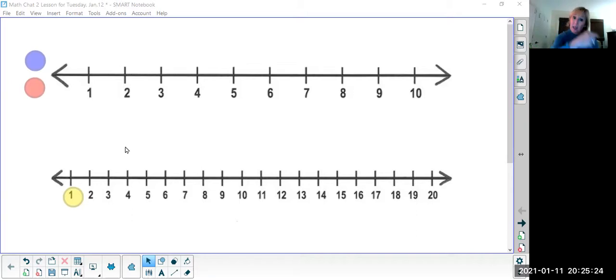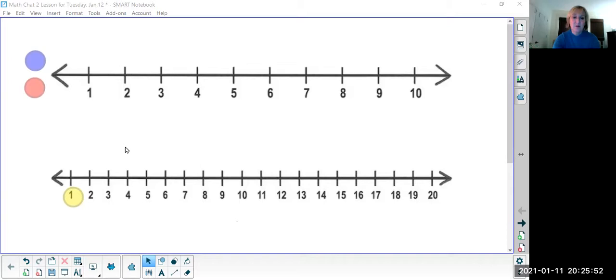But 1 less than 2 is going to go to the left. That means take 1 away from 2, and that number would be 1. So 2 is the number. 1 more than 2 to the right is 3. 1 less than 2, take 1 away, is 1.